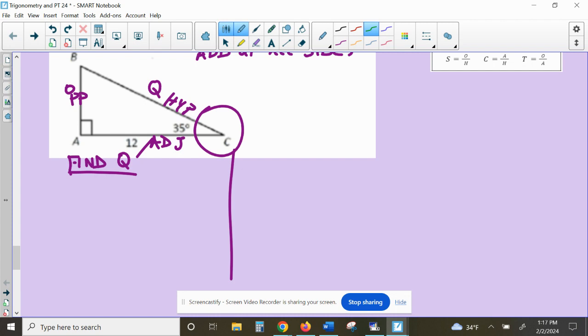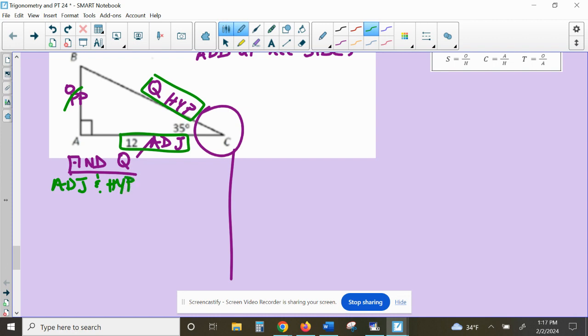Who am I crossing out? This guy I'm not using this time, right? This I'm using. That's information. And this I'm looking for, so I need to find Q, right? Can't cancel Q out because I'm using him. Okay, so that means I'm doing adjacent and hypotenuse.